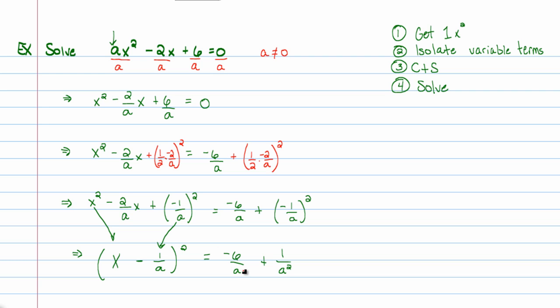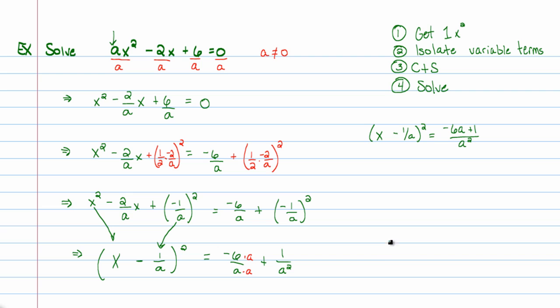So I'll multiply the bottom by a, but remember, if you multiply the bottom of a fraction by a and you're trying to add two fractions, you better multiply the top of that fraction by a as well. So this is going to be negative 6a over a squared. So when I add those two fractions up, I get this beautiful result. X minus 1 over a being squared is equal to negative 6a plus 1 all over a squared.